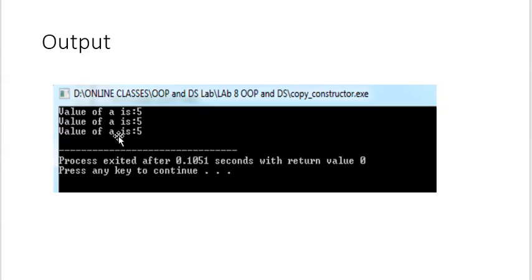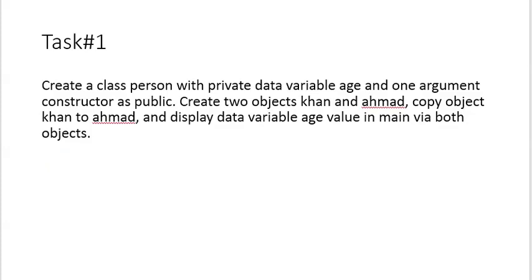So in this program there are two methods which we can use for copying the values of objects to each other. This is the task for the copy constructor, which you have to submit by the deadline. I will assign it later.